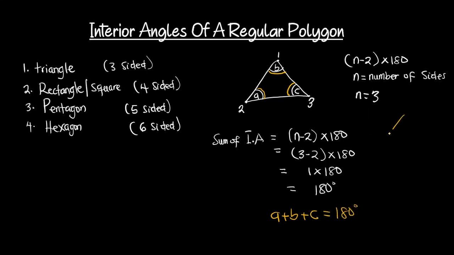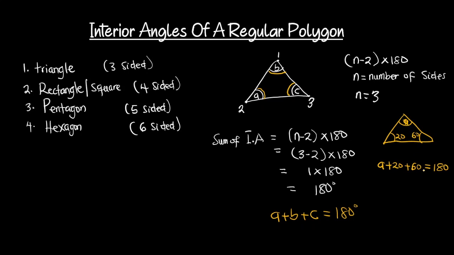So therefore, let's say I am given this as my triangle, and this angle is 20. Let me say this one is 60, and then I don't know this particular angle. Let's say this is A. So to find my angle A, it means that angle A plus 20 plus 60 should be equal to 180.